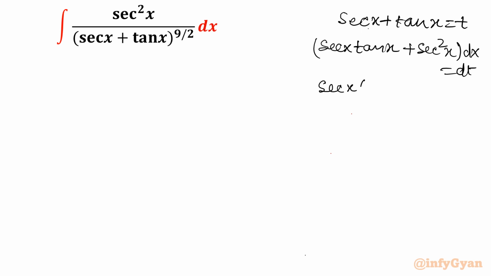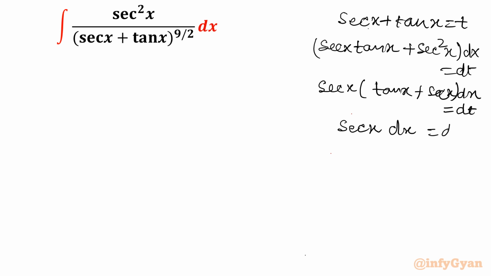So sec x, and what will be left in the bracket? That would be tan x plus sec x, dx equal to dt. Our substitution was sec x plus tan x equal to t, so sec x dx equals dt over t.